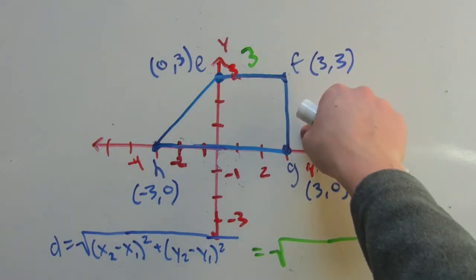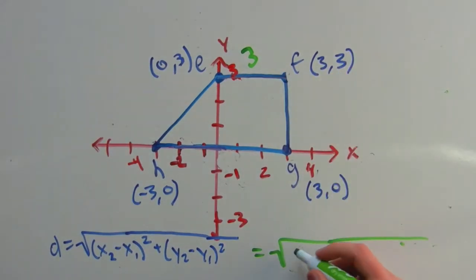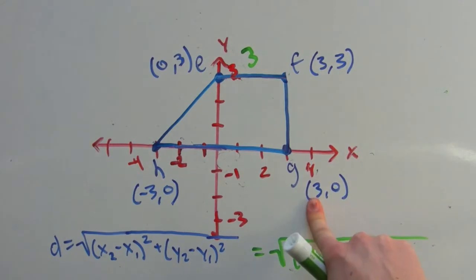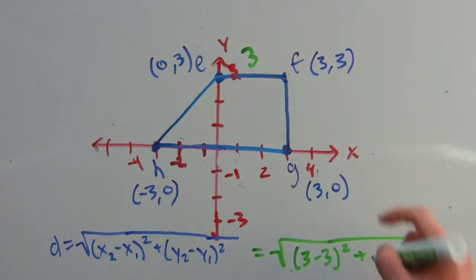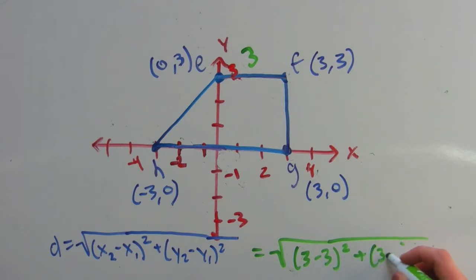Looking from F to G, we don't have a horizontal change, but we have a vertical change. So x2, 3 minus 3 squared, plus y2, 3 minus y1, 3 minus 0 squared. So this, again, is going to be 0 squared plus 3 squared.